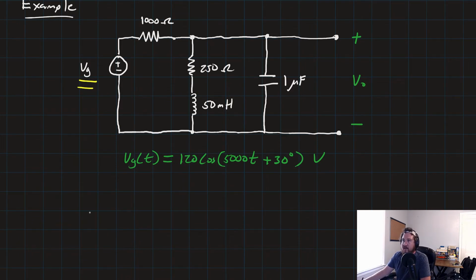And all we're going to be asked to do is find V out of t, that steady state output response.